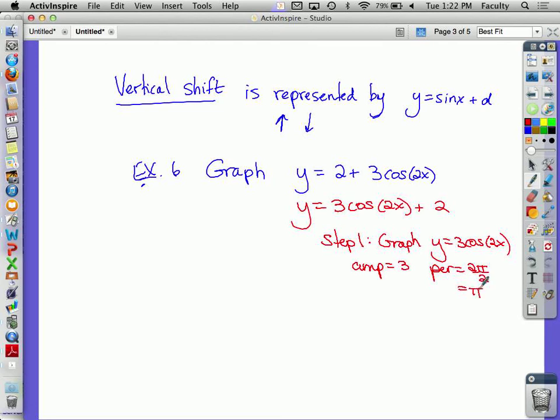When you're graphing these, I'm going to ask for your amplitude, period, phase shift and vertical shift. So my 4th tick mark is pi. Half of that is pi over 2.